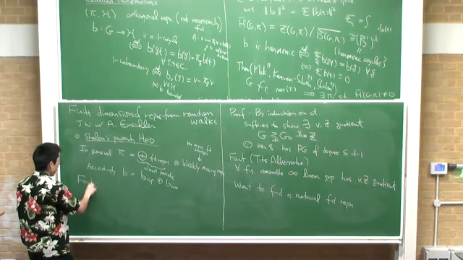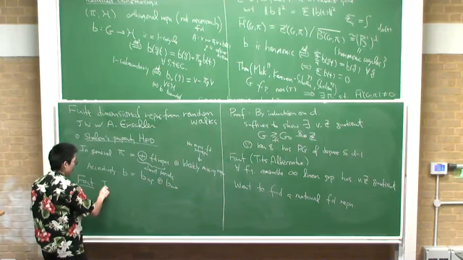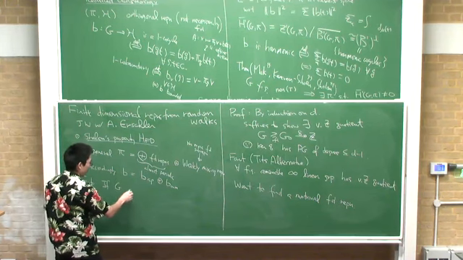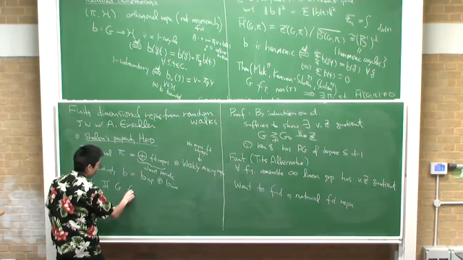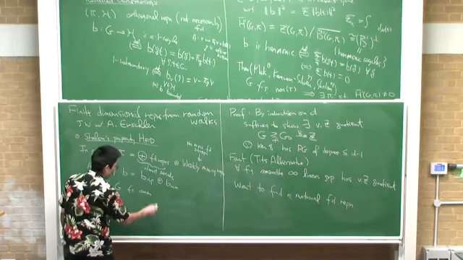And what is important is this: G is always finitely generated, but let's write it again, a finitely generated amenable group.